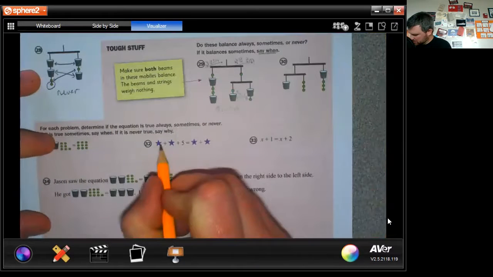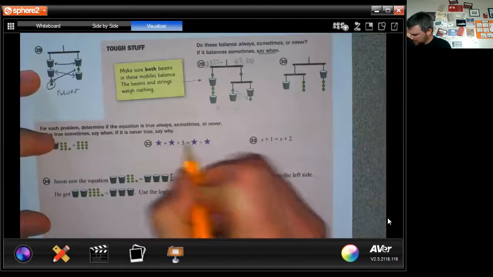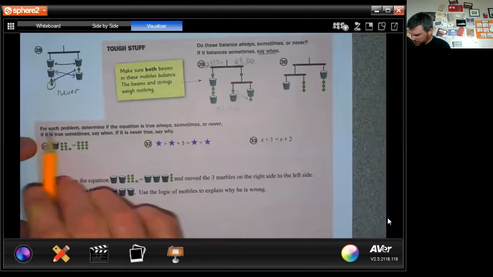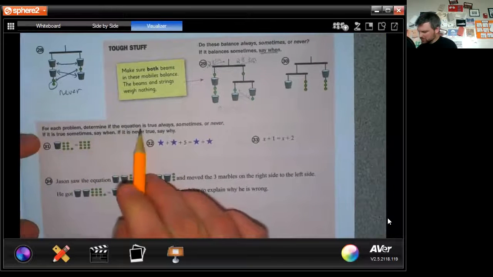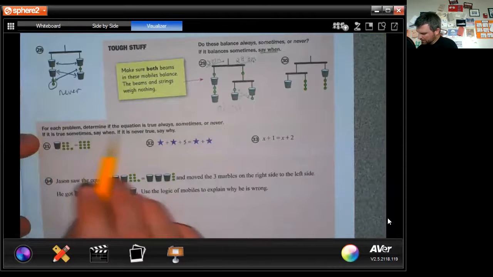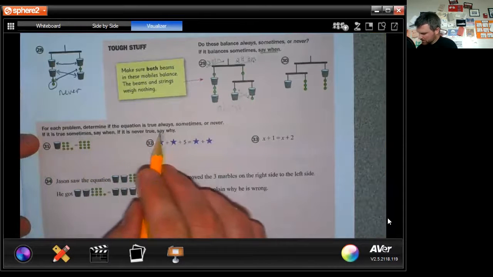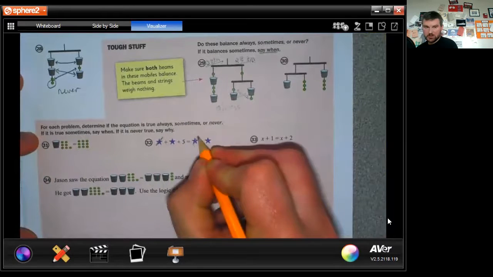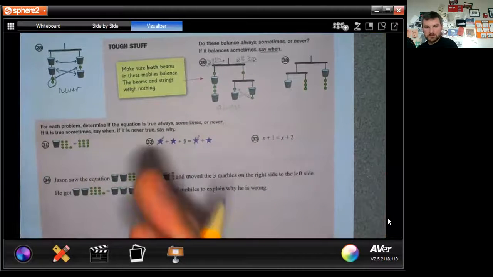Okay, so we've got 2 stars plus 5 equals a star plus a star. Okay, it says for each problem, determine if the equation is true always, sometimes, never. If it's true sometimes, say when. If it's true never, say why. Okay, so we got a star on this side and a star on that side. Those can go away. Those will always balance each other out.